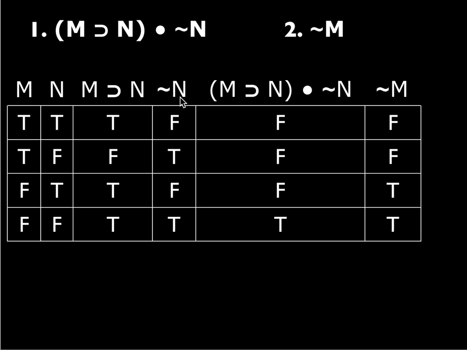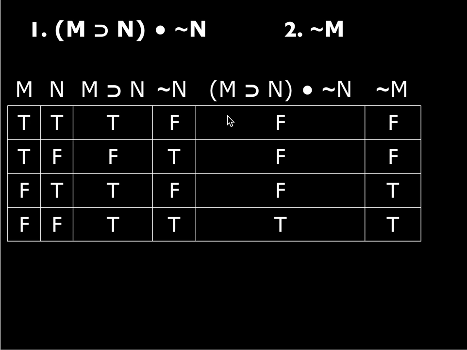But notice, not M isn't a component in any of these other statements up here. So I don't have to do this before that because not M isn't a component here. And I don't have to do it before this, and I don't have to do it before that, which means that if I wanted to, I could hold off on not M until the very end.